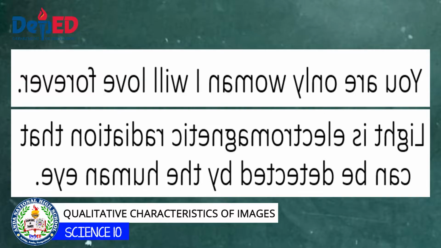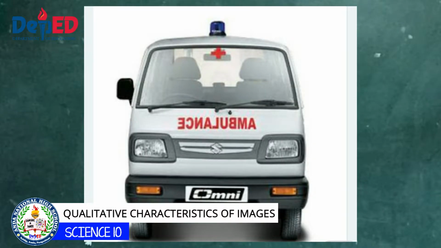You can read these words or sentences by using a plain mirror. But how? Moreover, have you ever wondered why the word ambulance is written like this in the front of the vehicle?